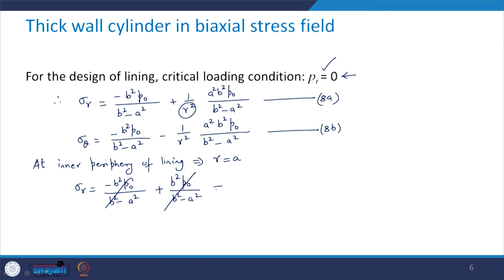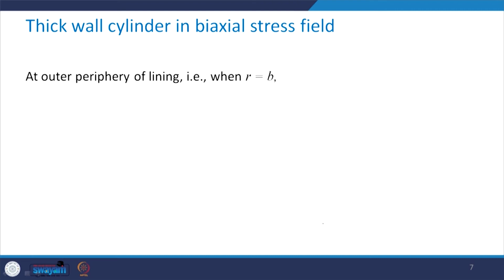These will get cancelled out and this will become equal to 0. 9a. And your sigma theta will be, see this is minus b square P naught upon (b square minus a square), and the same thing will be here. So, I can write down simply minus 2b square P naught upon (b square minus a square). That is 9b.